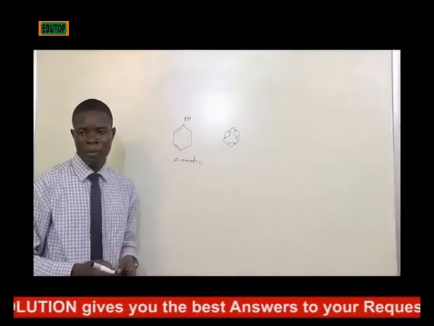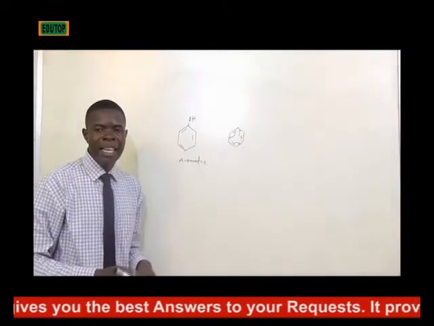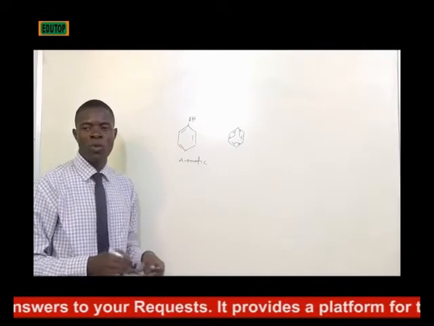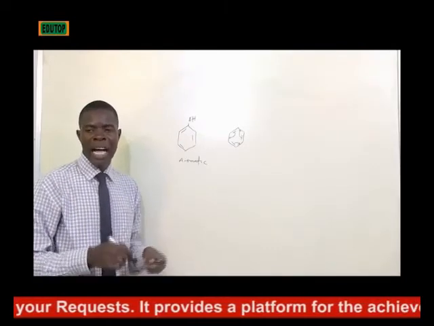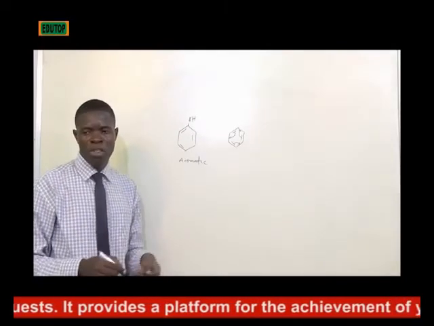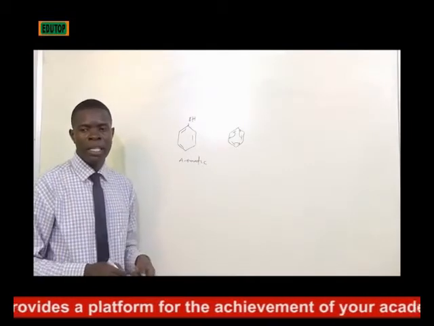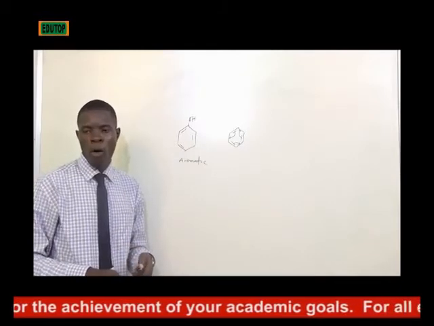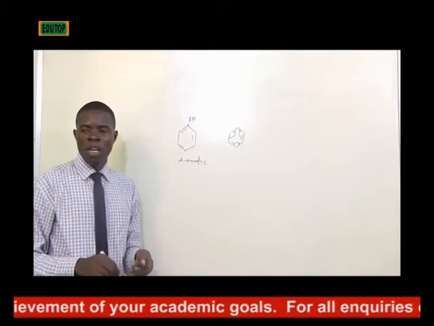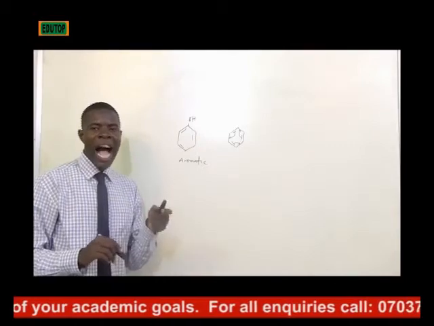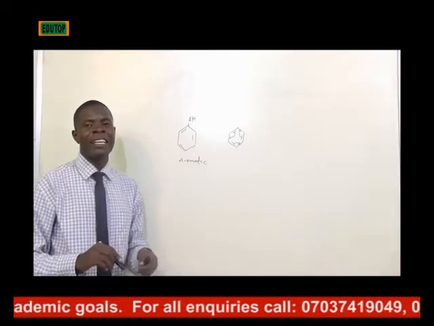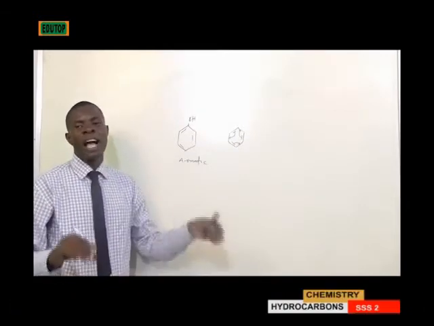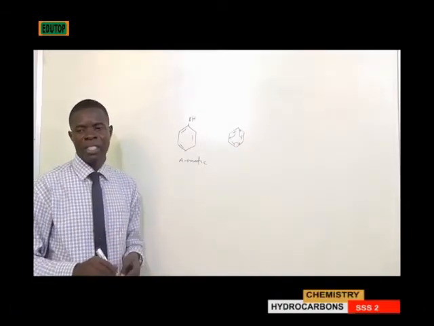Question number 3. Alkenes and alkynes react the same except with A. Ammonium silver nitrate, B. Oxygen, C. Bromine, D. Acidified KMnO4. Here, the only difference between alkenes and alkynes, even though they are both unsaturated compounds, is the reaction with ammonium silver nitrate.